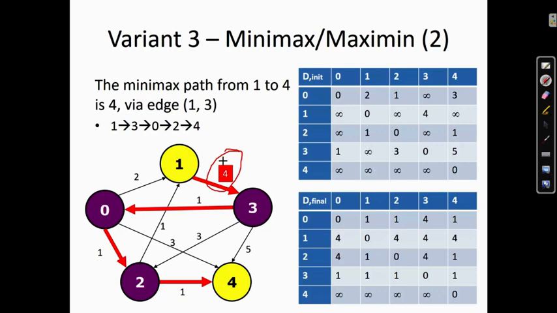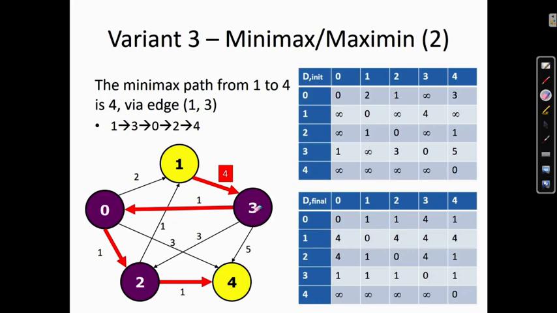So, question: is 4 the smallest maximum edge weight along any path from 1 to 4? It must be, right? Why? Because there's only one outgoing edge from 1, which is this edge, 1, 3. So in order for 1 to reach 4 through any path, it must use 1, 3.